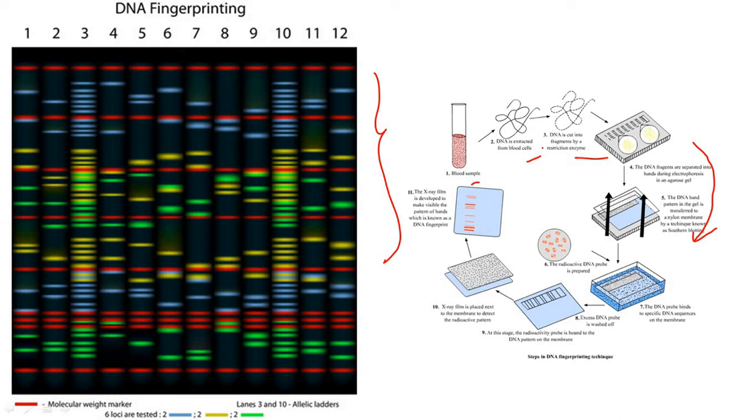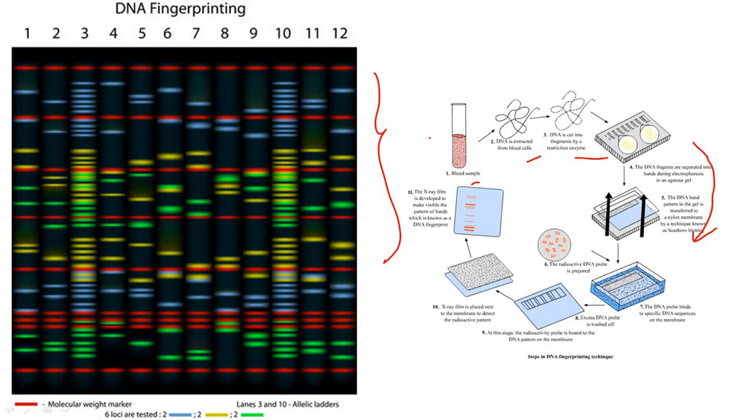And the DNA probes bind to the specific DNA sequences on the membrane. This is known as hybridization, and in this stage the radioactive probe is bound and the DNA pattern of the membrane was checked, and then X-ray.